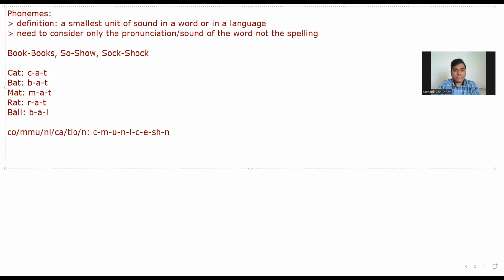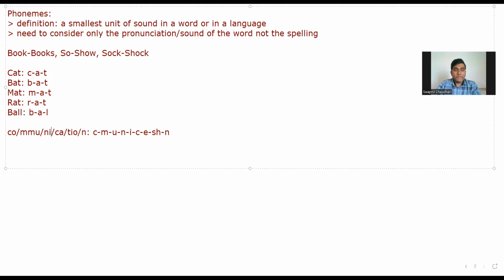After that, the next one is mu, mu, right? So over here, you need to see if you can break it down any further. Mu. Can you break down the sound mu? So we can say ma plus u, mu, right? So that's what you see over here. Ma and u. That makes mu, right?